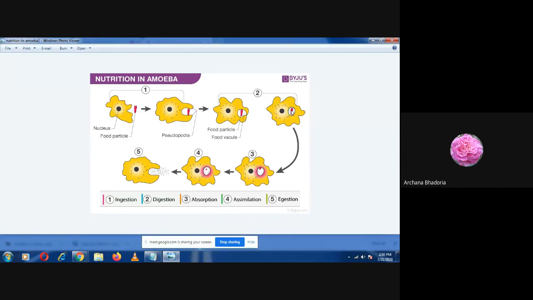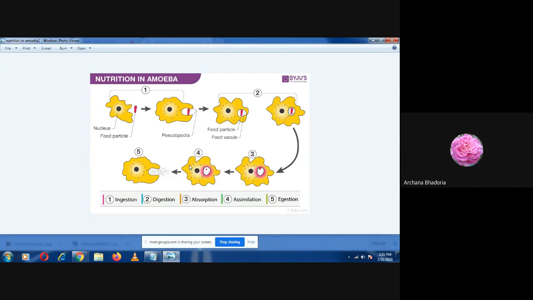the food vacuole. Once this structure is formed, can you see in this second one? Can you see my cursor? When inside this circular structure, this red color food particle has come up, you call it the food vacuole, and that food vacuole we call the phagosome. Okay, the next process is digestion and so on. And then after the digestion, some leftover substances will be there. Then the process is exocytosis.